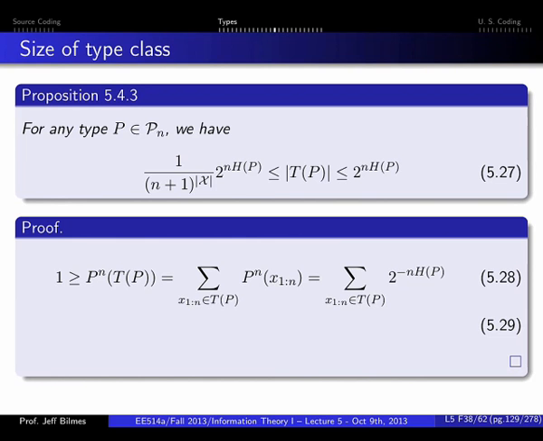Right. That was from that statement we said before. And now we've divorced the index of the sum from the thing we're summing, and so we can then count. Same trick we've always done. We just count the size of the type class, and then its probability, and then we get the bound. And if this isn't clear, in each of the sums, P is really the type of the sequence. P is meant to represent the type of the sequence here.